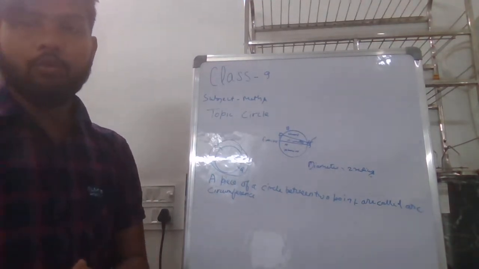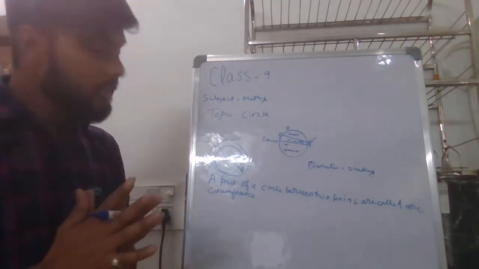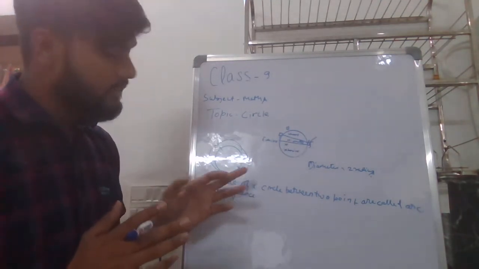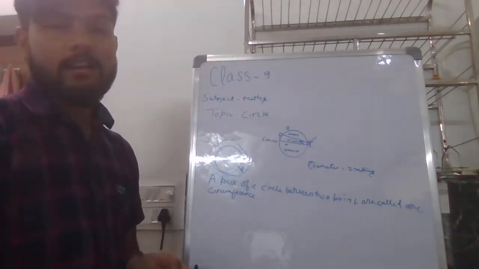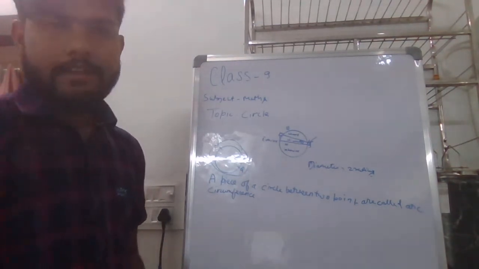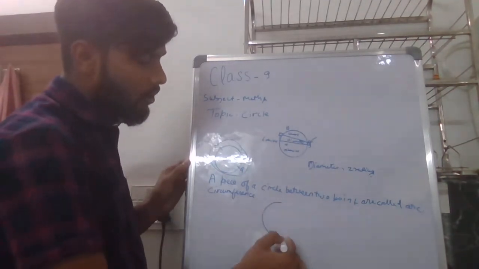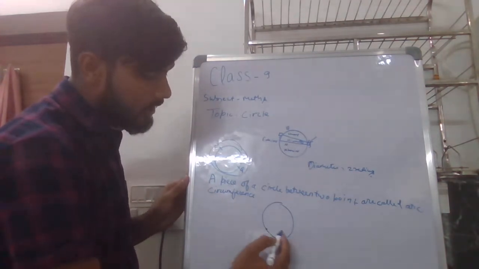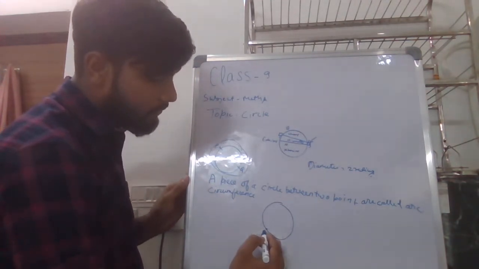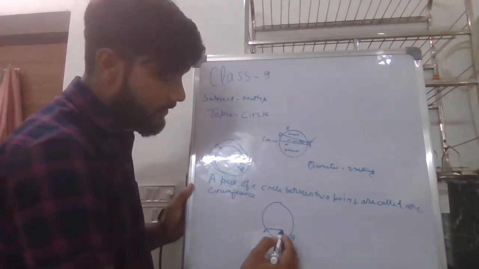Now you have to expand the concept and discuss this. Let's discuss. Here I have drawn one circle. Here I will give points P and Q, and I will draw a diameter.